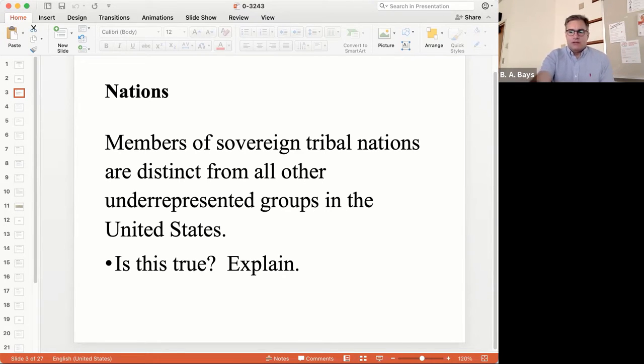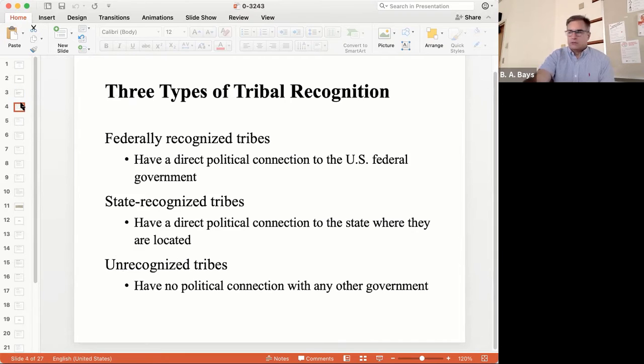So anyway, that's just one part of that first area I want to cover. And now I mentioned state recognized tribes and unrecognized tribes, and you are all familiar with federally recognized tribes.